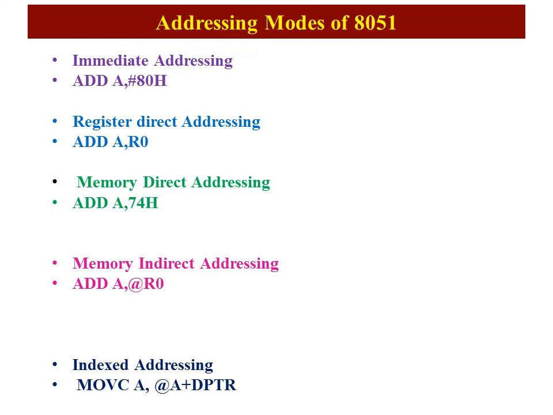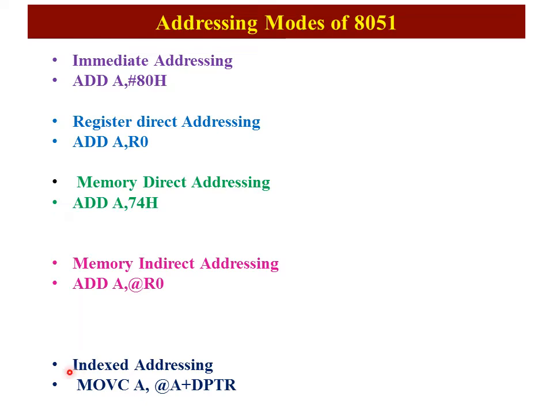The simple difference is direct and indirect. In direct addressing mode, whatever data is present in the registers is treated as data. In indirect addressing modes, whatever data is present in the registers is treated as an address, not the data. Just remember, we already verified this in the previous addressing modes of the processors.